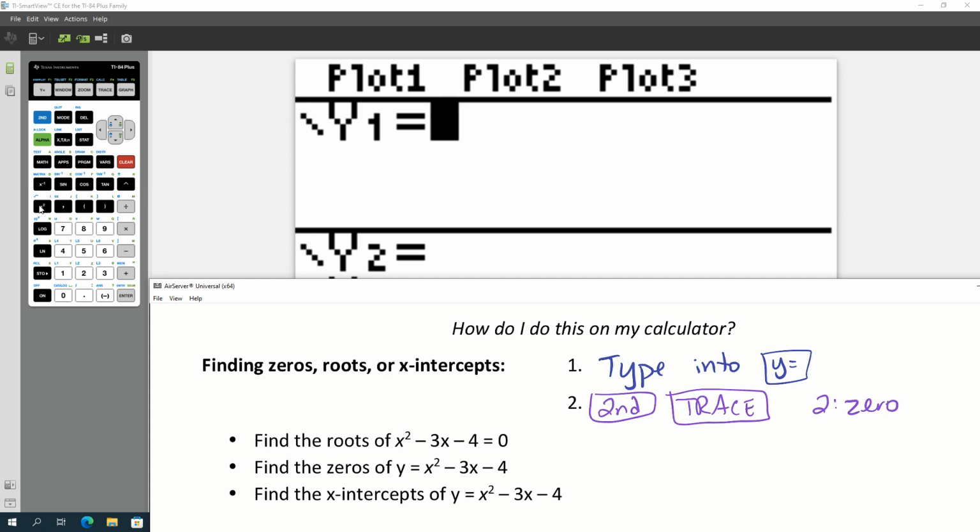So I'm going to type in x squared minus 3x minus 4.